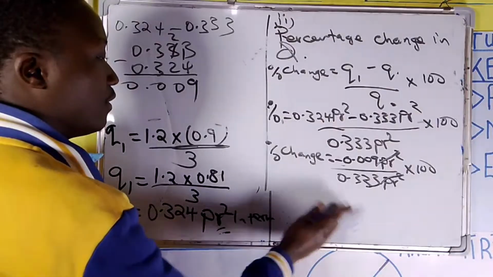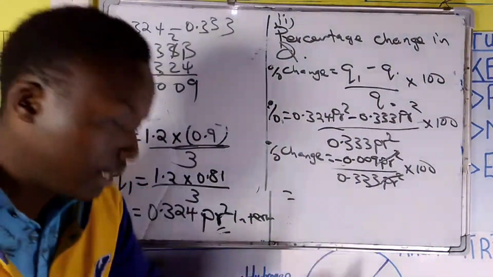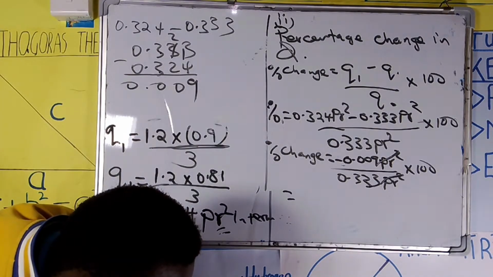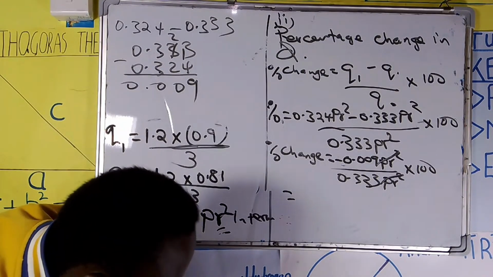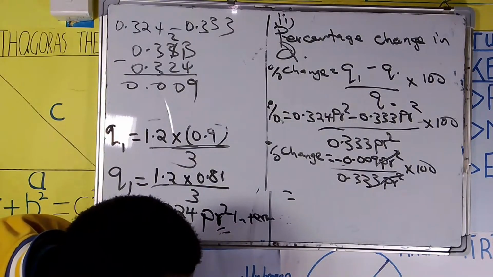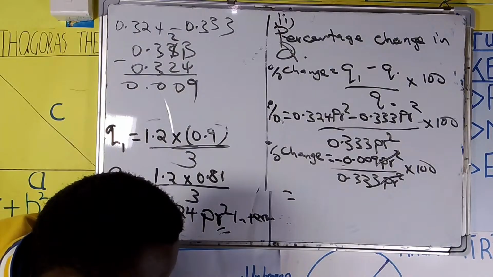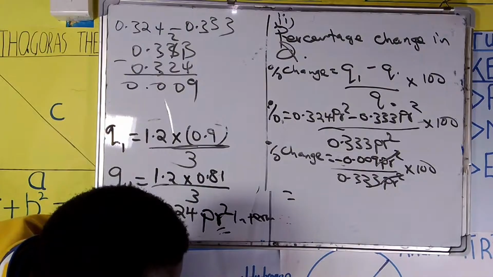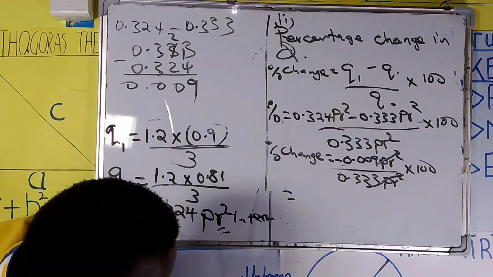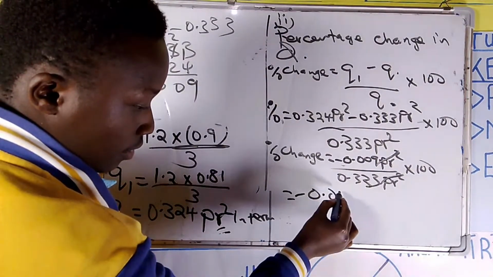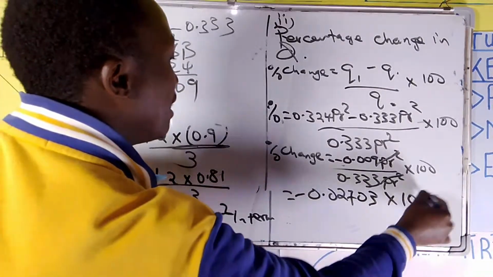What is negative 0.009 divided by 0.333? It equals negative 0.02703 times 100%.